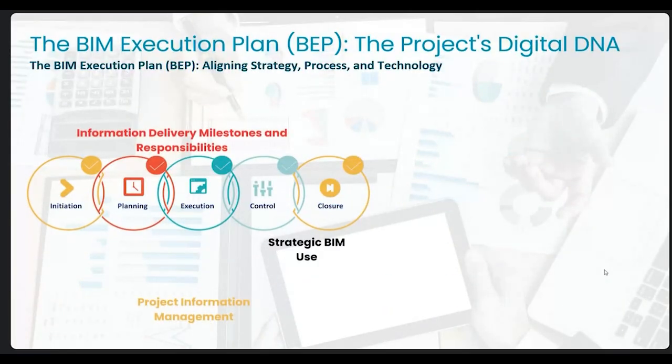Now let's talk about the BEP, the project's digital DNA, we could say. Basically, this is a document we usually refer to before starting any BIM project, because it is a very crucial document. All the parties and stakeholders involved in the project refer to this document before starting.